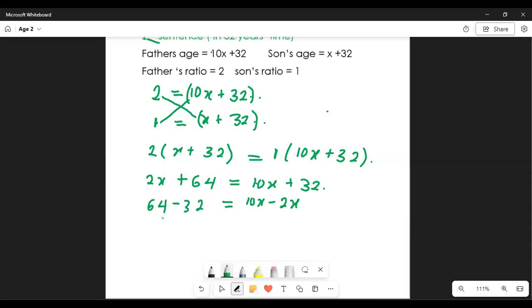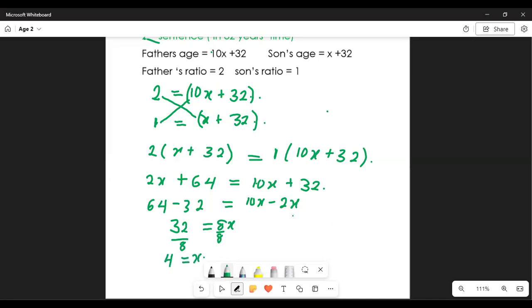So 64 minus 32 is 32, which is equal to 8x. So divide here by 8, and we divide here by 8. So 4 is the same as x.